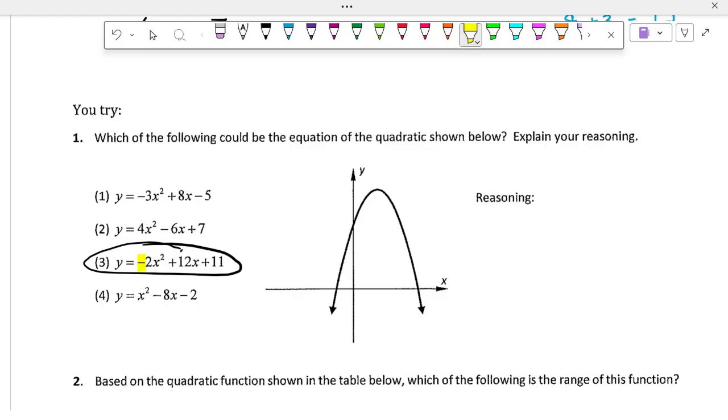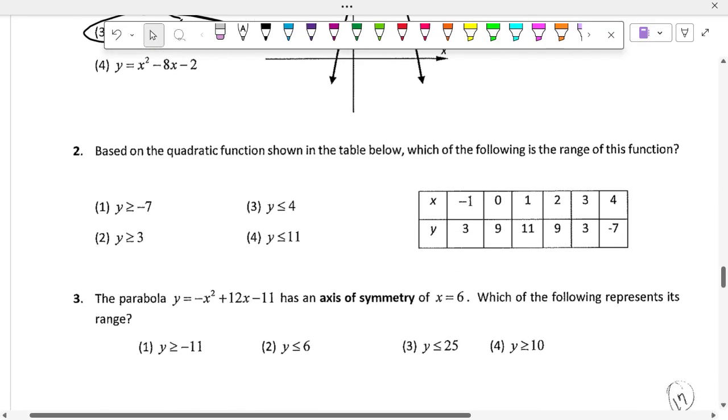Good. So the A value is negative, so it has to be opening down. And since the y value is positive, then it has to be somewhere above the x-axis. So 1 could have been a viable choice as well. The only difference is that the y-intercept is negative. All right. So I would say 3 would be your closest.